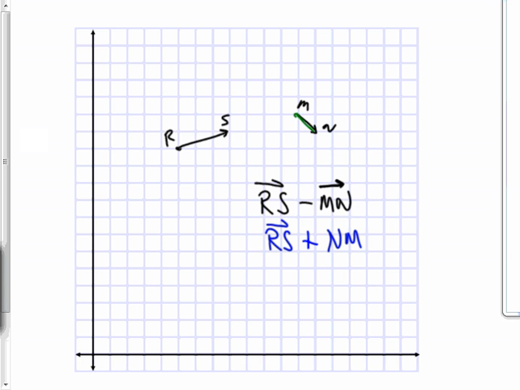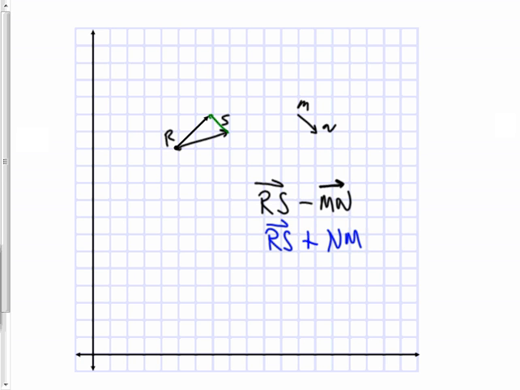Do you get how this is really NM if I put the arrow on the left end of it there, or the top end? So you're really adding, if you switch it around, instead of subtracting MN, you're adding NM. All right, and then when it's all done, you should have had a resultant. I'll make it with this super sharp black line right there. There's your resultant. Raise your hand if you had that one right. Okay, good.